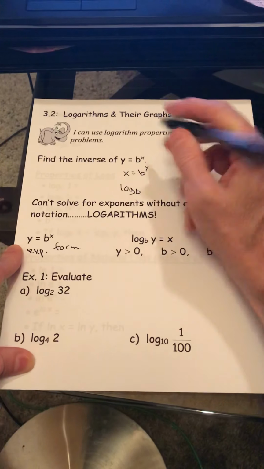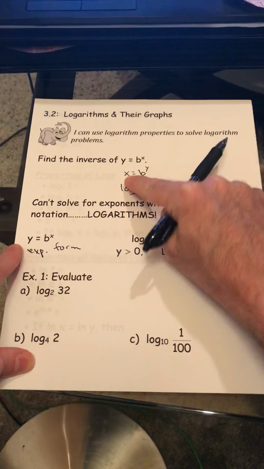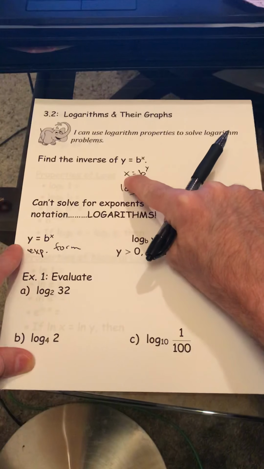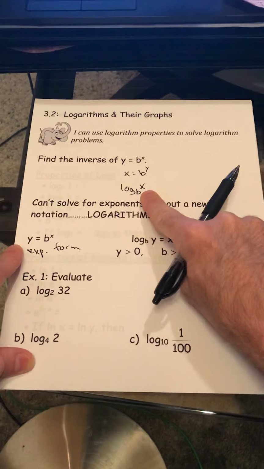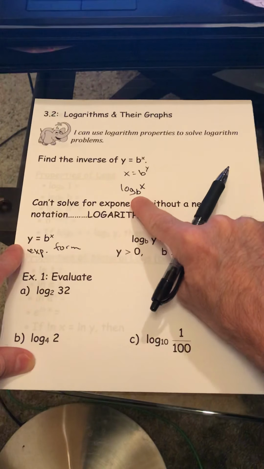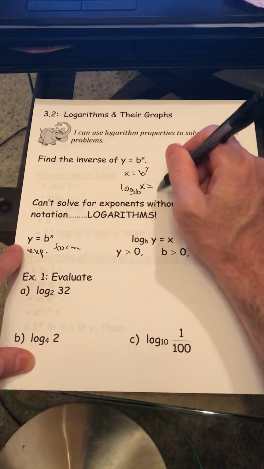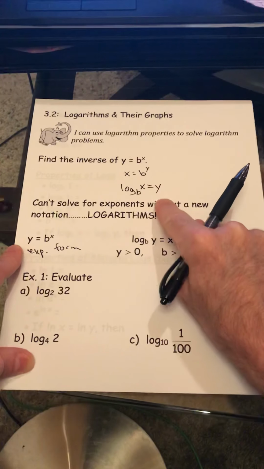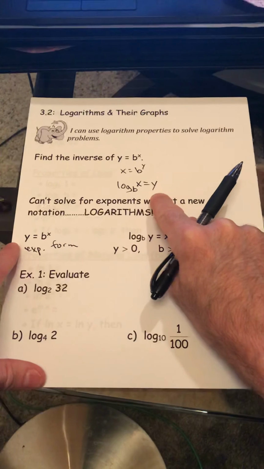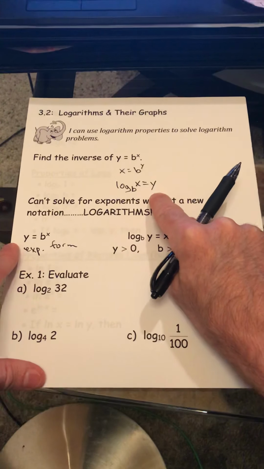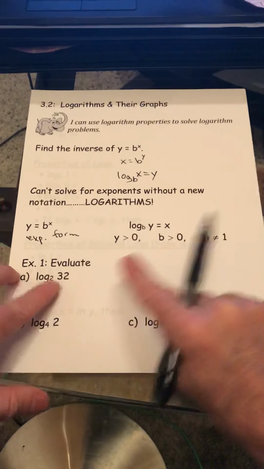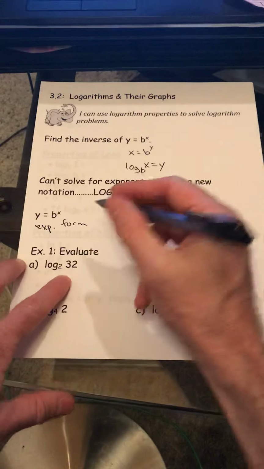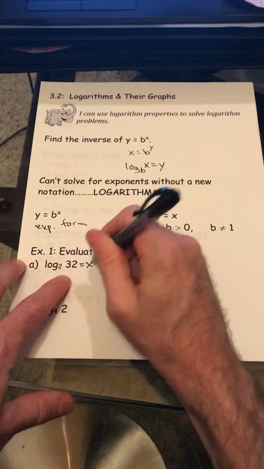Whatever the expression equals goes inside your logarithm. So log base b of x equals y. The only way to get y by itself was to create that new mathematical form of a logarithm.